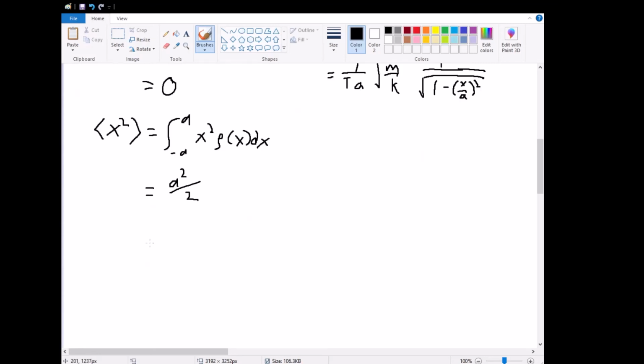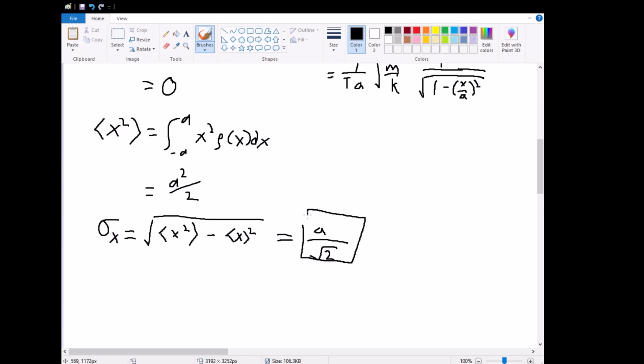And then finally, to find the standard deviation of x, well, we know that the formula for this is just the square root of the expectation value of x squared, subtracted by the expectation value of x itself squared. And since this is just 0, we know that this is just equal to a over root 2. So these are our 3 answers.